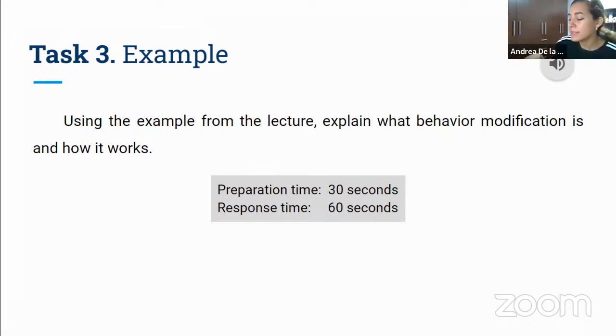The lecture explains the concept with examples. That's what you guys have to do. You have to explain the concept, explain behavior modification, not with the concept itself, but with the example that the professor talked about. So you have to use that example to explain the definition, right? That's what the question wants you to do, and that's what we're gonna do.